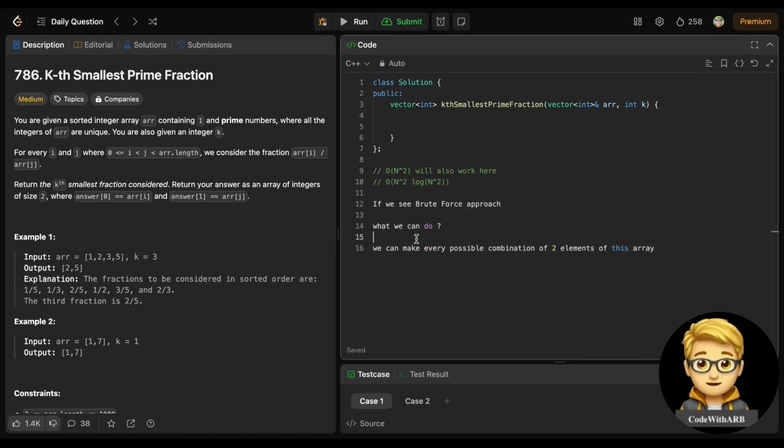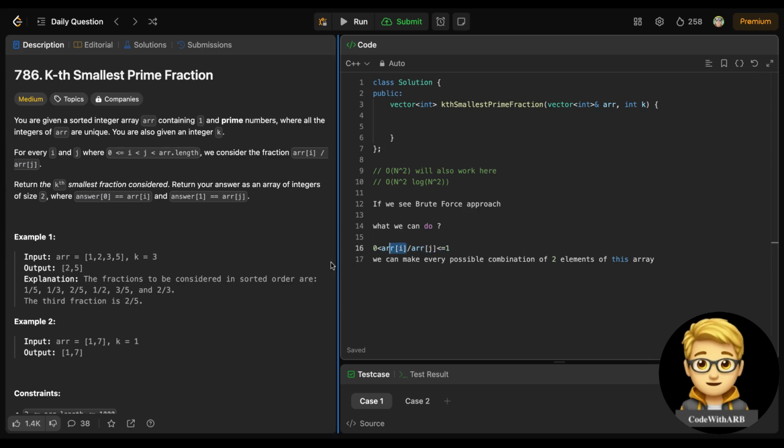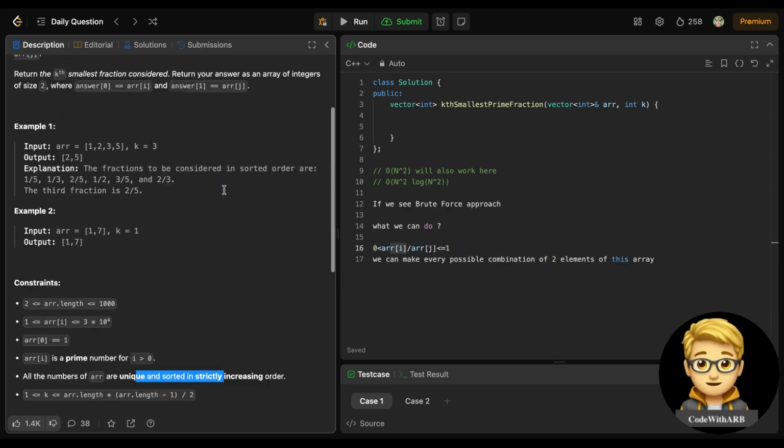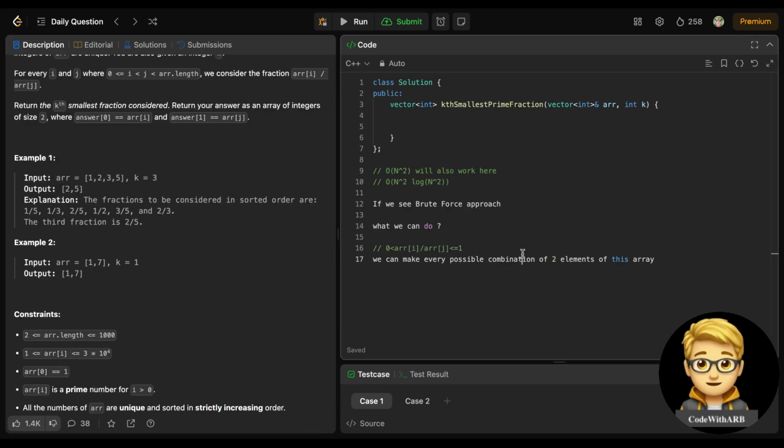It means this fraction will always be greater than 0 but less than or equal to 1, right? This will always be correct because array[j] is always greater than array[i], since the array is in increasing order. So this condition should also be true, right?